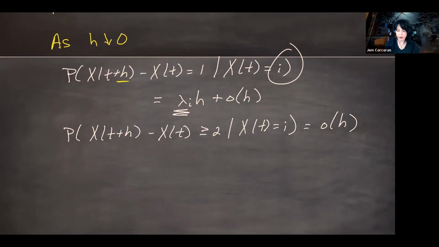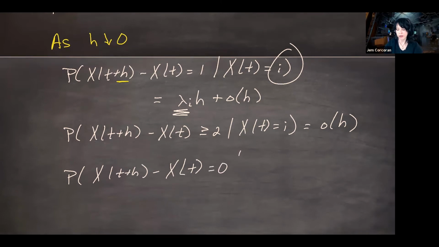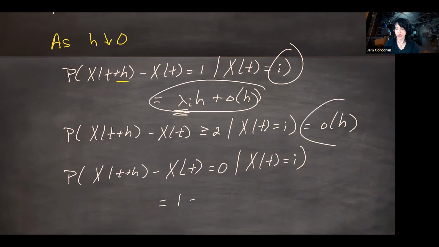So we get a third condition automatically. You could state any two of these to have a birth process, and that is that the probability of 0 births is 1 minus the sum of these other two things, which turns into a 1 with a little o of h, finagling algebra, arithmetic. This is 1 minus lambda sub I h plus little o of h.